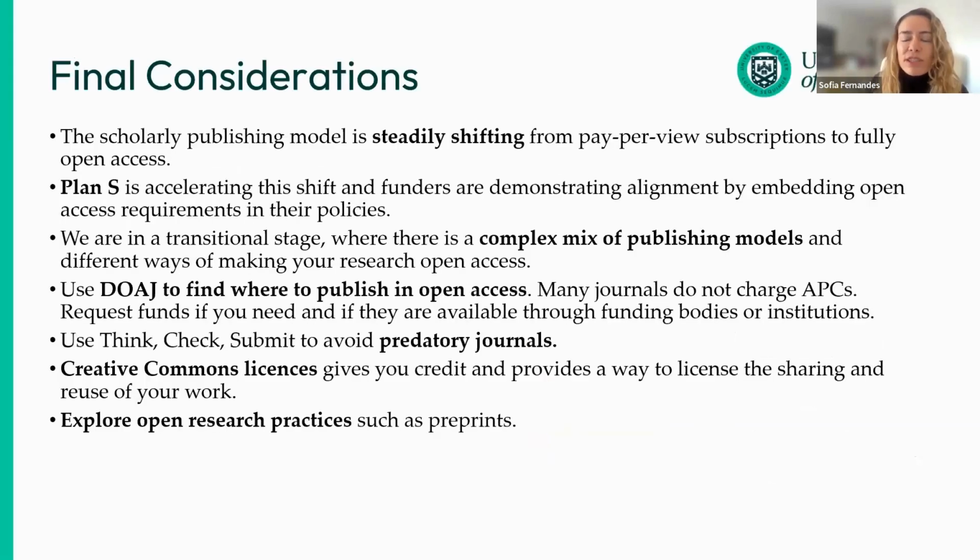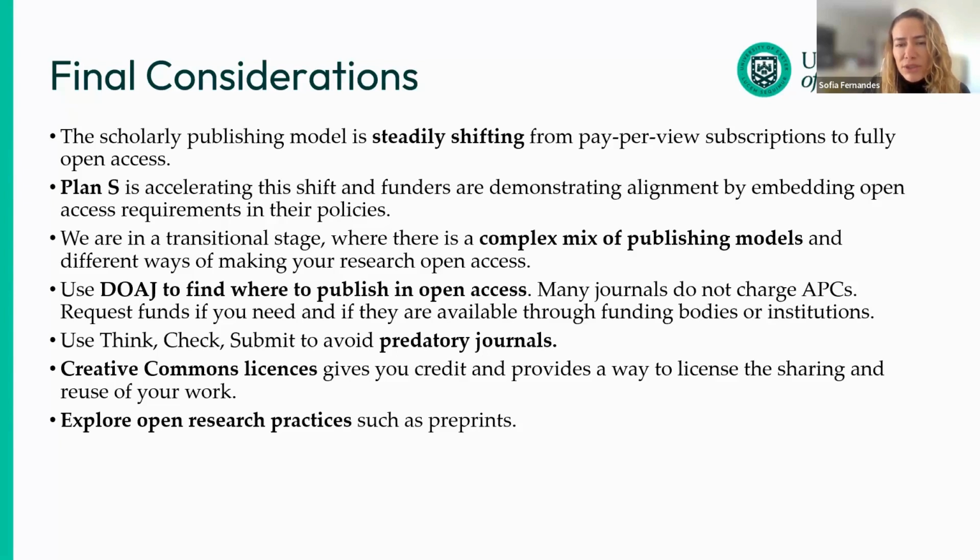As final considerations, the scholarly publishing model is steadily shifting from pay-per-view subscriptions to fully open access. Plan S is accelerating this shift, and funders are demonstrating alignment by embedding open access requirements in their policies, and universities are supporting researchers doing that.